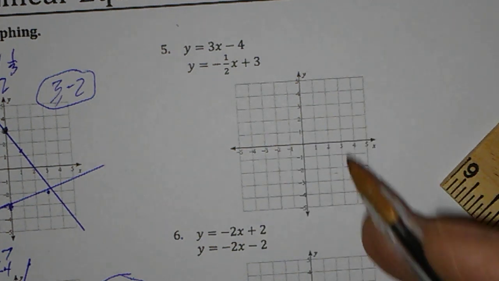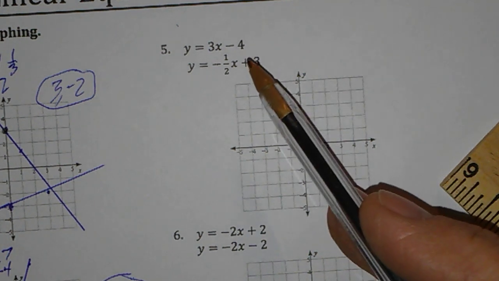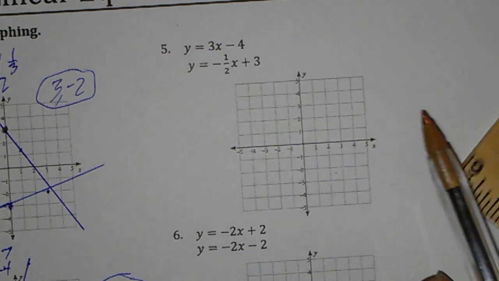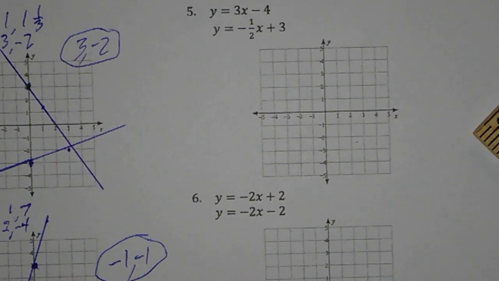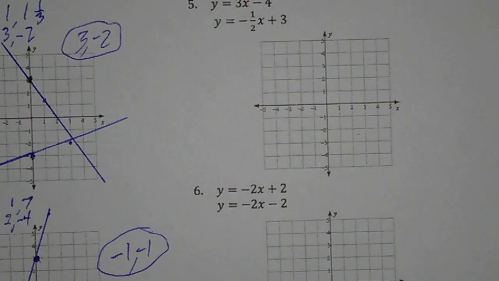But I don't think you're going to be graphing it to try to find the point of intersection. I think you're going to use the next method, which is substitution and working out the math to find the point of intersection. Okay? So we're going to divide this lesson into 2 parts. We're going to have a second part to show you how to use substitution to solve a system of linear equations.